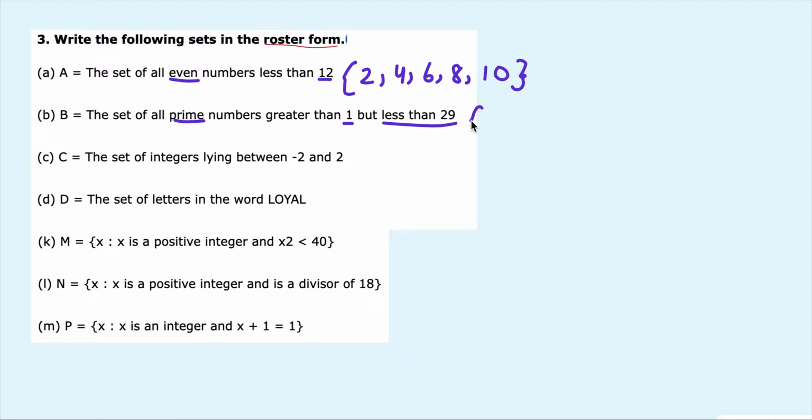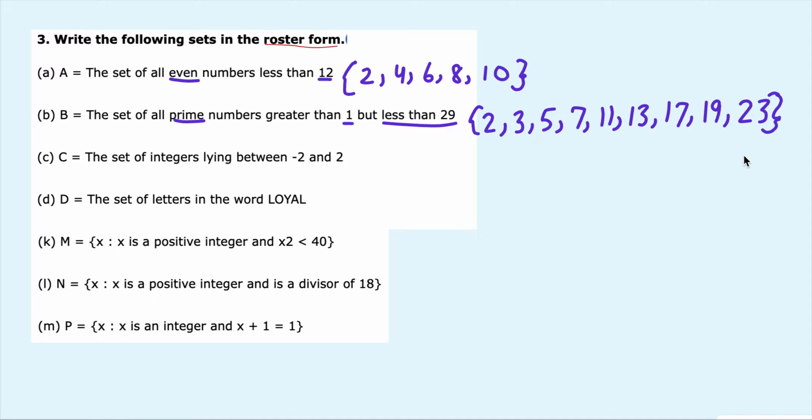First we put the braces, and the prime numbers greater than 1 would be 2, 3, 5, 7, 11, 13, 17, 19, and 23. Then we put our closing brace, and that would be our answer to question 3B.